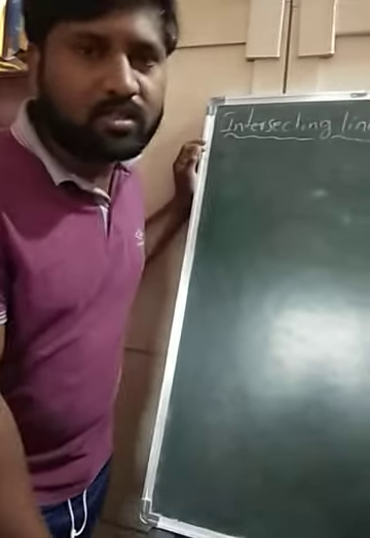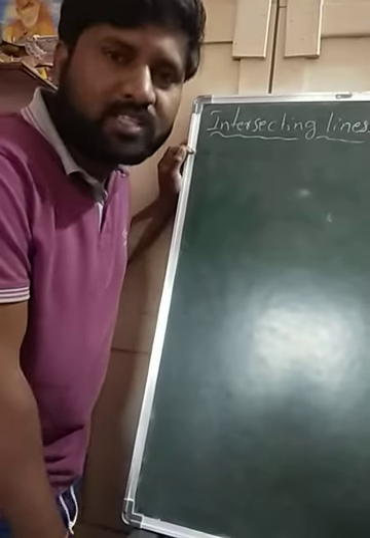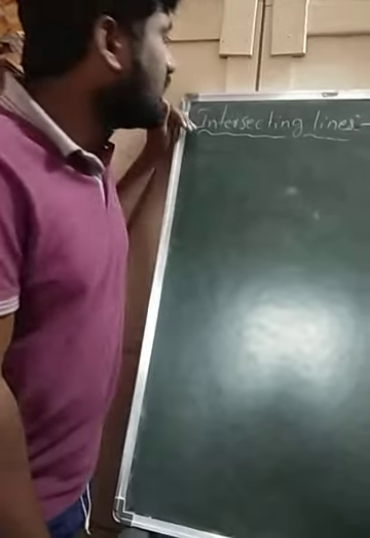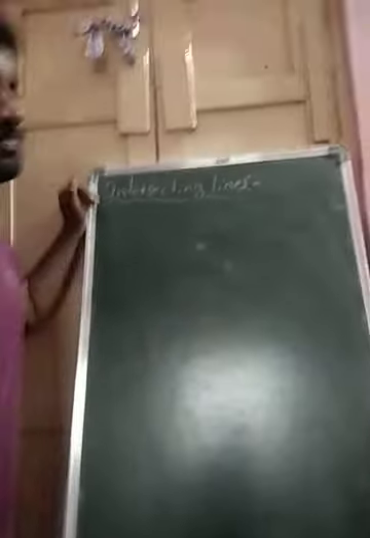Today we are going to discuss chapter 5, measures of lines and angles, starting with intersecting lines.